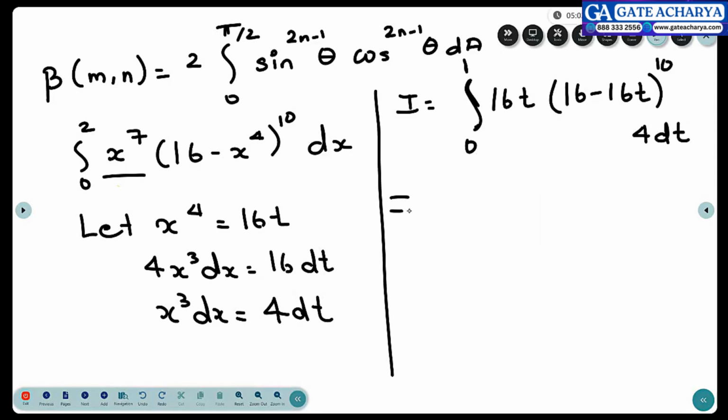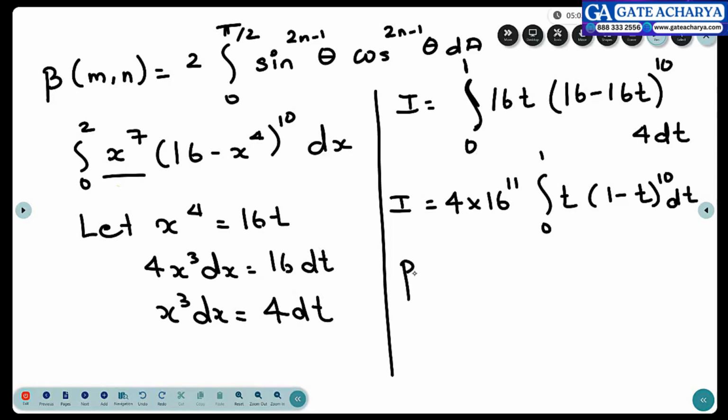Now 16 is already here. Taking 16 out of the bracket gives 16 to the power of 10, into one more 16, which is 16 to the power of 11. So 4 into 16 to the power of 11, let's keep it like that, into the integral from 0 to 1 of t into (1 minus t) to the power of 10 dt.